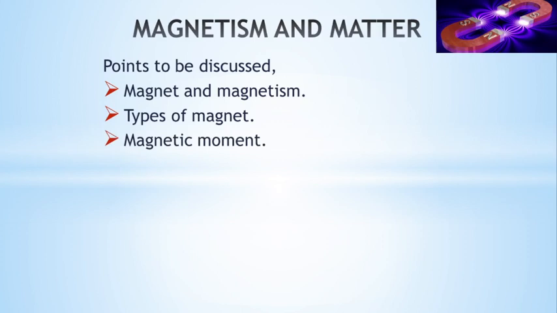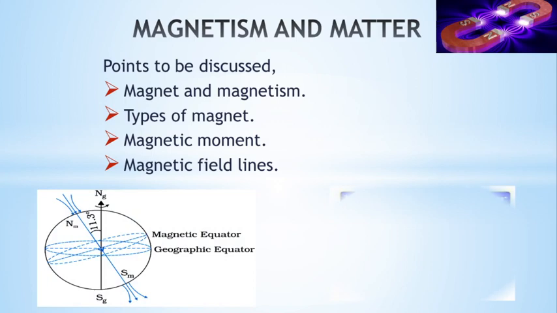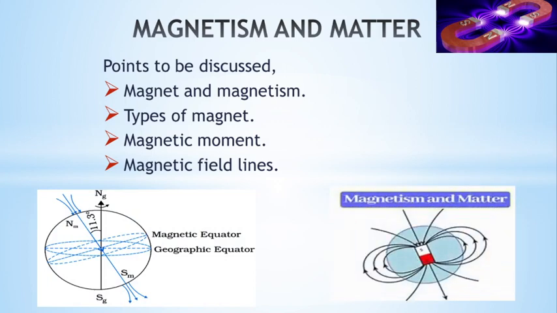And the definition for magnetic moment, and also the representation of magnetic field in the form of field lines. Okay, these topics or points were covered in this session. Okay, now let us move on to the concepts one by one.